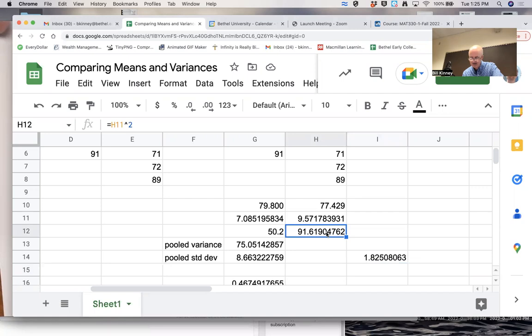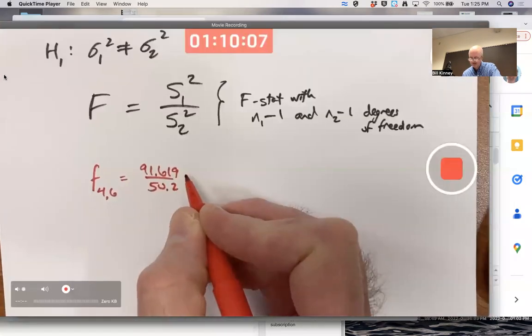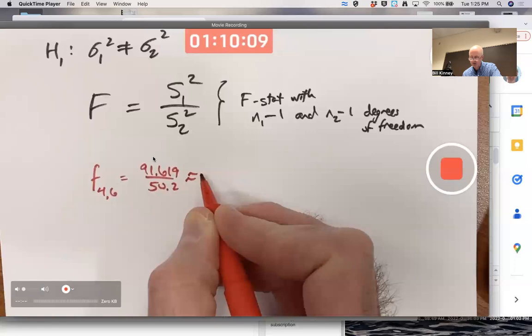That's 91.619 divided by 50.2. That's approximately what we get, 1.825.